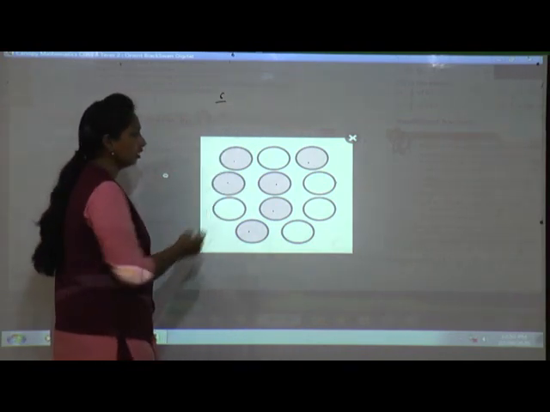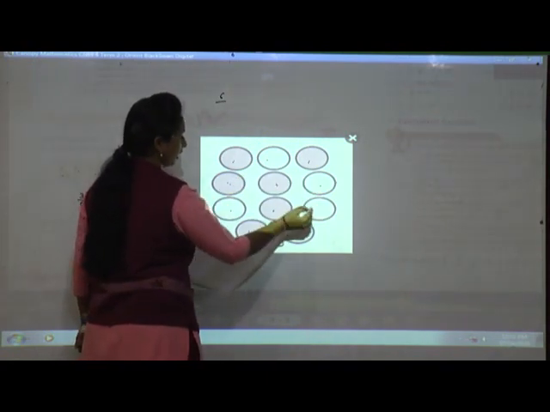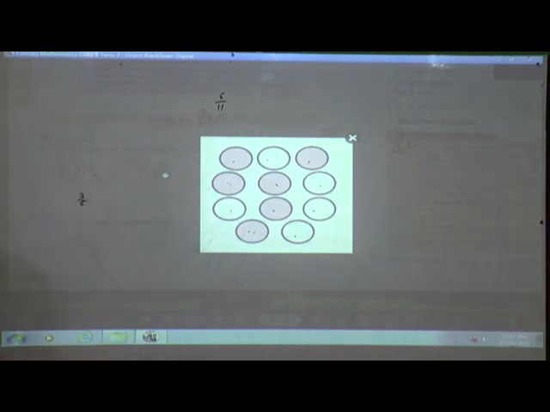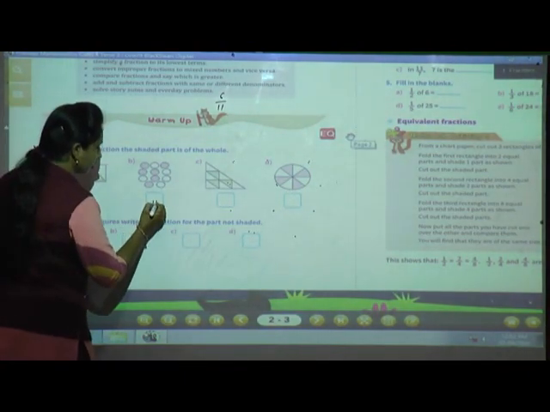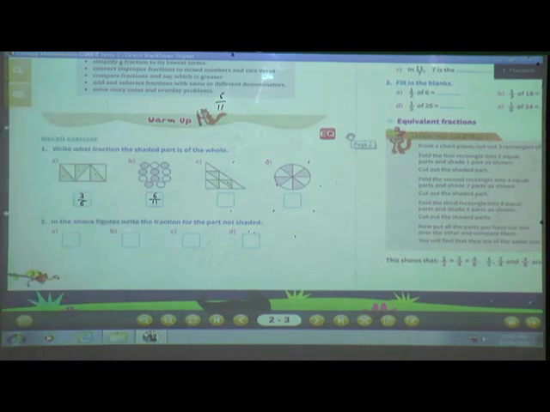Out of how many? 1, 2, 3, 4, 5, 6, 7, 8, 9, 10 and 11. How many? 11. Out of 11, 11 is the whole part. Out of that, how many parts are shaded? 6. Clear? Yes. Now we'll move to the next.